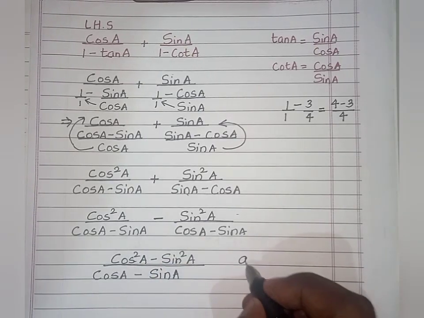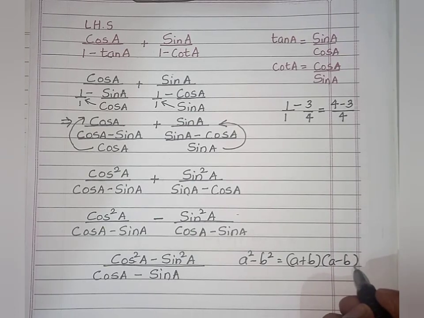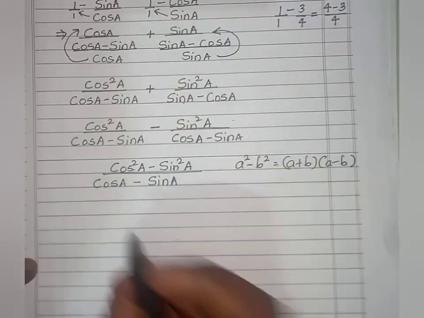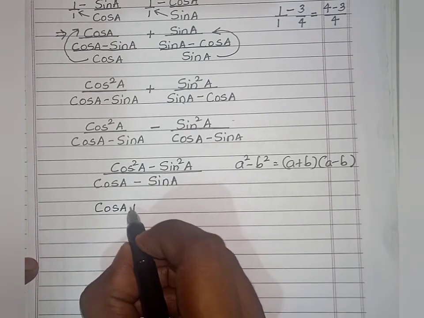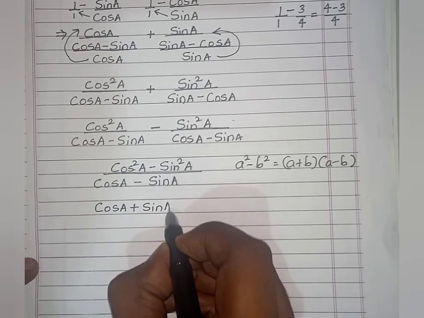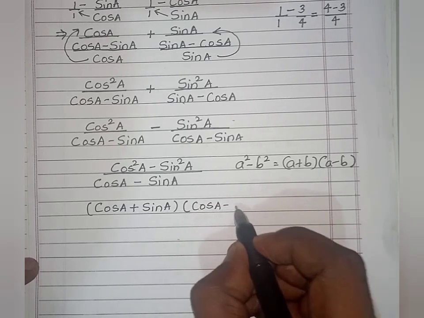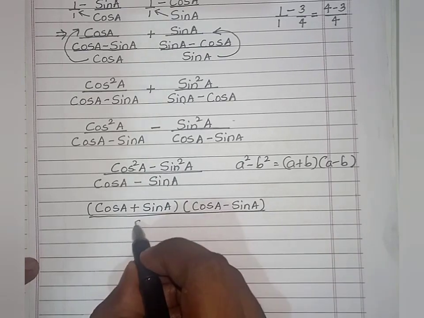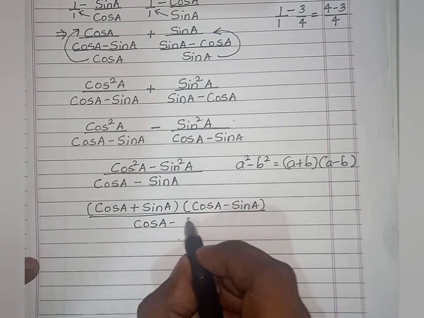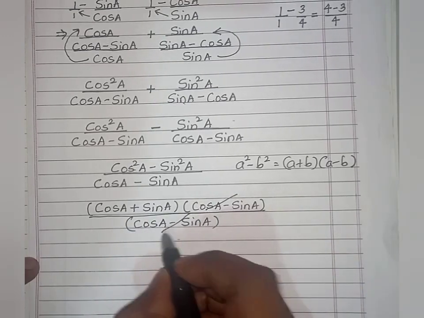Now cos square A minus sin square A is of the form a square minus b square, which can be written as (a plus b) into (a minus b). Here a value is cos A, b value is sin A. So I'll write cos A plus sin A into cos A minus sin A whole divided by cos A minus sin A. Now cos A minus sin A, cos A minus sin A will get cancelled.